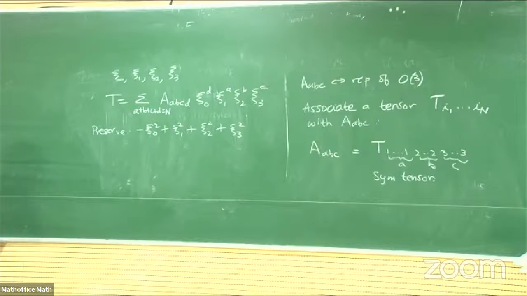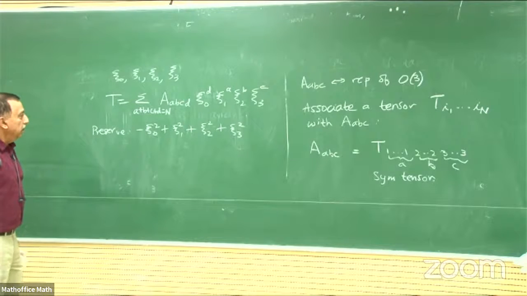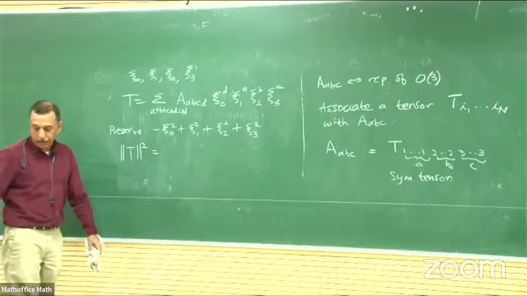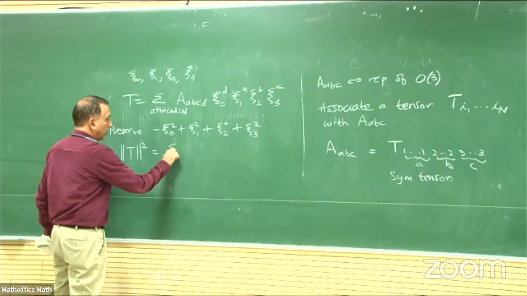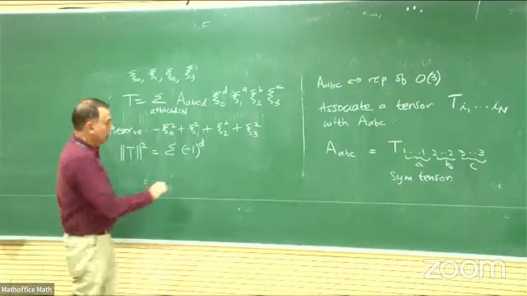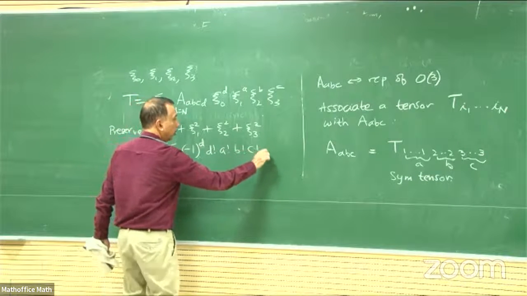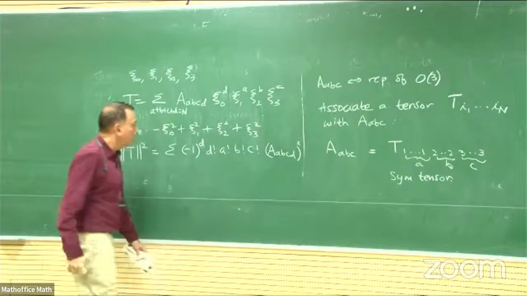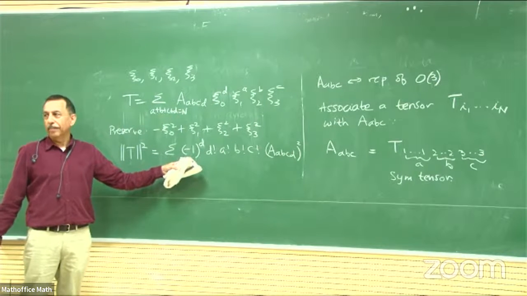Now it's easy to work out that because this is what the linear transformation preserves, the norm which is invariant under such linear transformations is actually minus 1 to the D, and then D factorial, A factorial, B factorial, C factorial, A, B, C, D squared. And this is important that there has to be this minus 1 to the D.